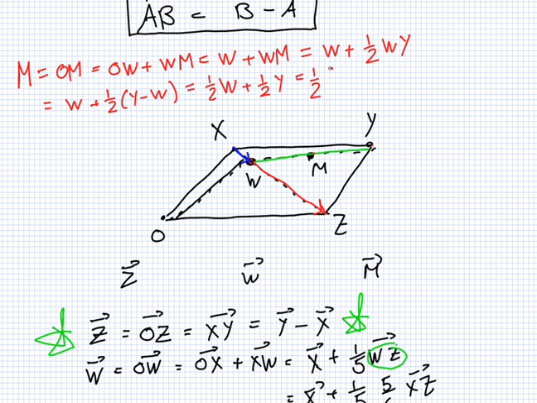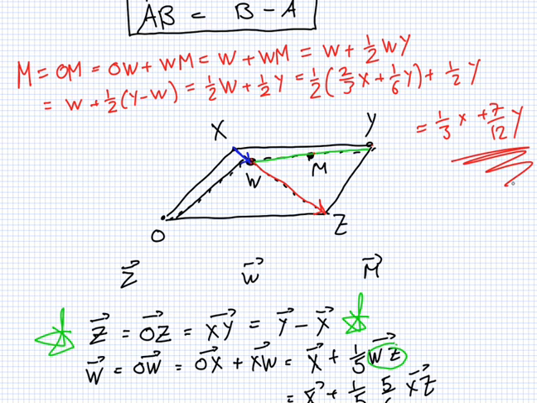What was the formula for W? 2 over 3 x plus 1 over 6 y. So if I just add these together, I have 1/3 x, and then I have 1/12 y plus 6/12 y, so 7/12 of a y. So this is the answer here.